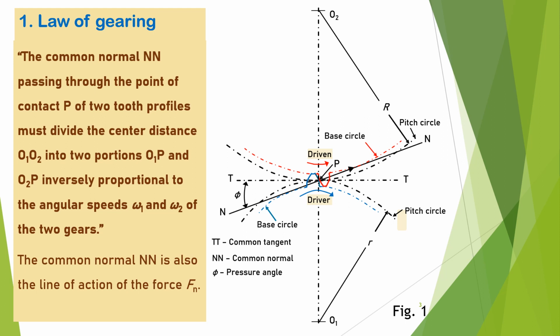Since the angular speeds omega 1 and omega 2 are fixed, the two portions O1P and O2P are also fixed. In other words, point P has a fixed position on the line O1O2.